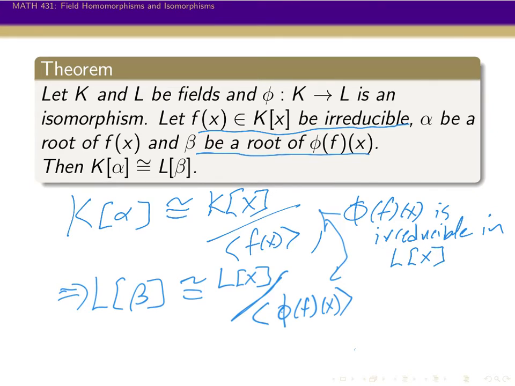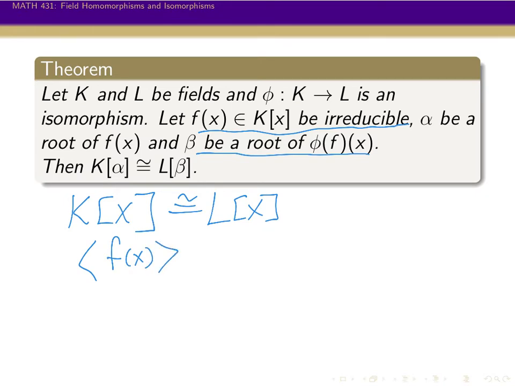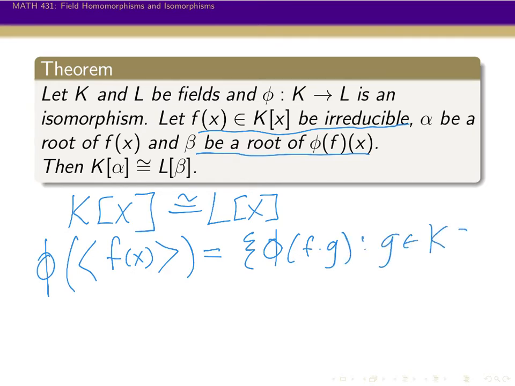And so let's do a quick argument for that. So we know that k adjoin x is isomorphic to L adjoin x, because there's the isomorphism from k to L. And furthermore, the ideal generated by f of x, if we then plug that into phi, well, this is going to be equal to all of the products phi of f times g for all g in k adjoin x.